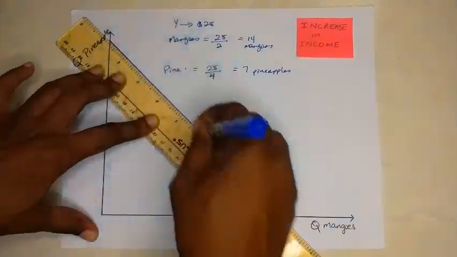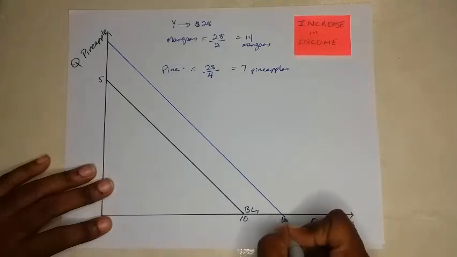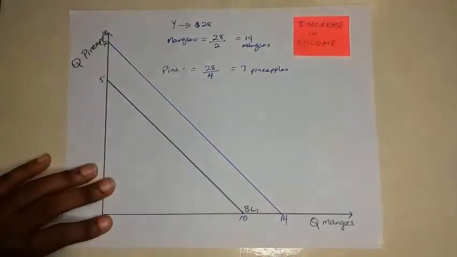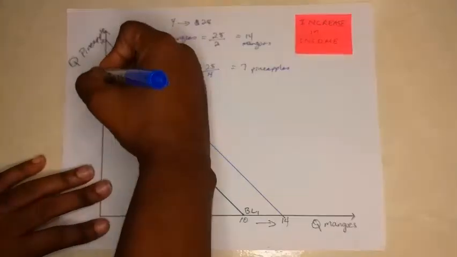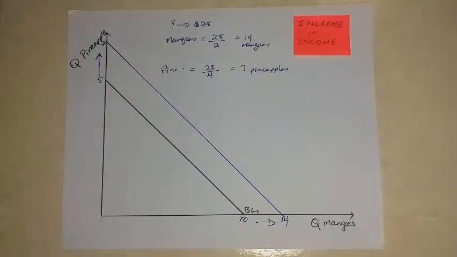Notice this is not a pivot. So this would now be 14 and this point would now be 7. So you see we have an increase in the amount of mangoes we can get and an increase in the number of pineapples we can get.